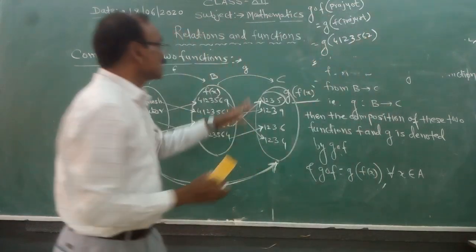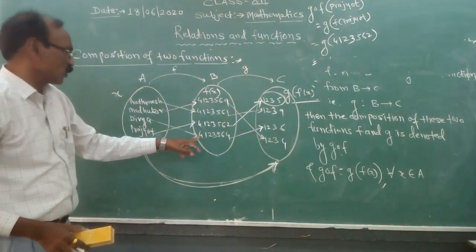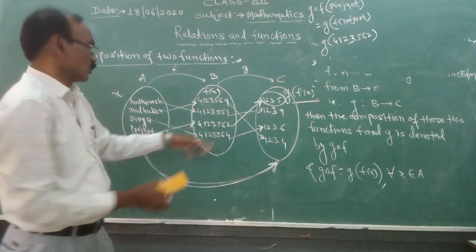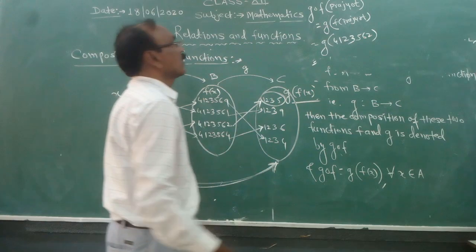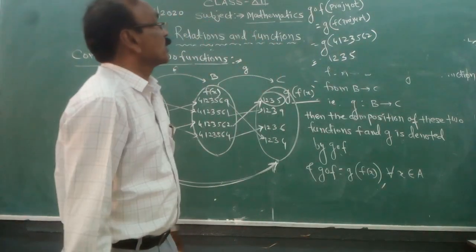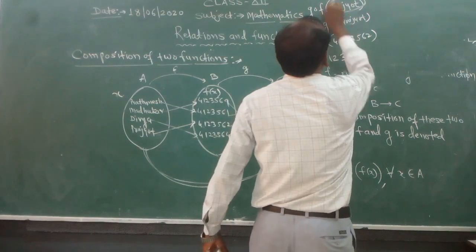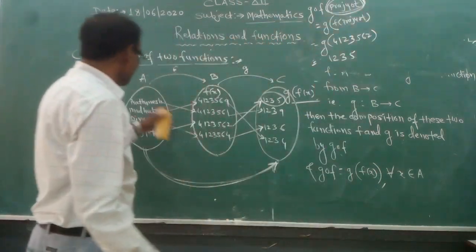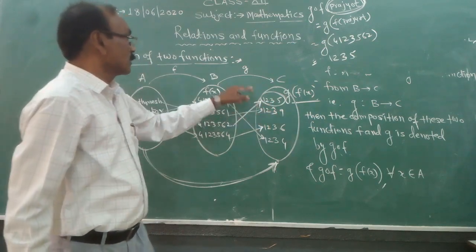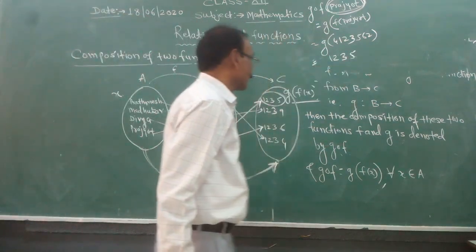So under the function G now, what is the image of 4 1 2 3 5 6 2? So the image of this is 1 2 3 5. So if I take Prajjot here as an element of the first set in the domain, I directly get this answer, 1 2 3 5, which is the code number, like that.